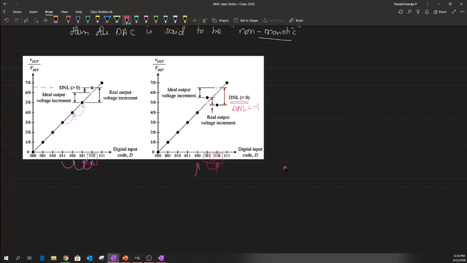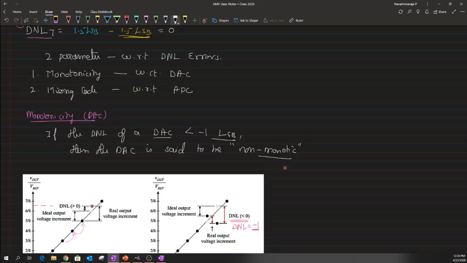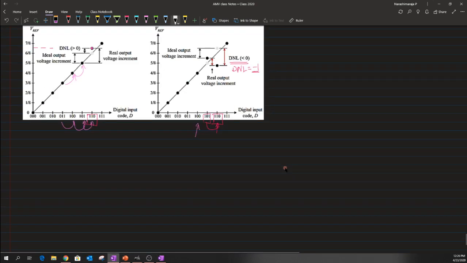Equal to or lesser than that. Whenever you have a DNL equal to -1, or even less, like -1.5, we will have a degraded output value.